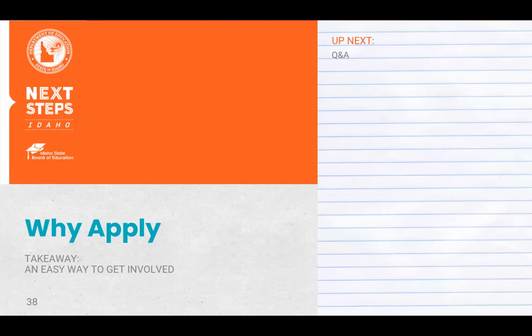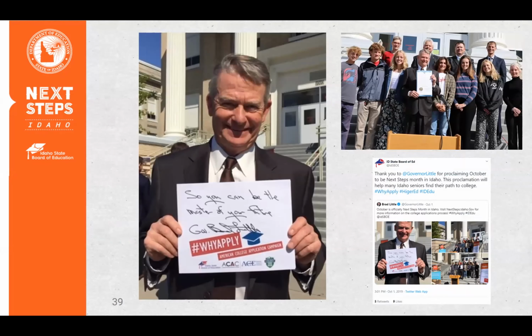Excellent. So I'm here to tell you a little bit about Why Apply, which hopefully most of you have already heard of. In 2017, the State Board of Education participated in an initiative called the American College Application Campaign. Specifically, it was known by the hashtag Why Apply and the visuals that you can see on the screen right now. Basically, you would hold up this printable PDF, write why you applied, why you wanted to continue your education, and then post that on social media.